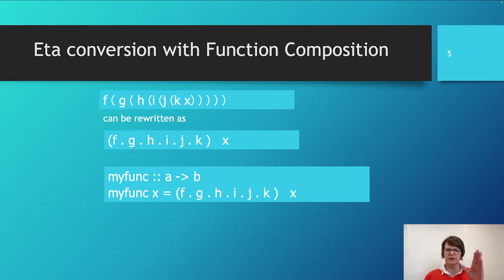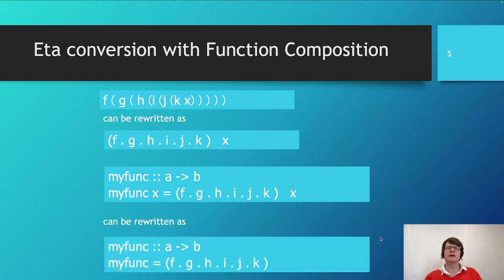So anytime there's, if you like, a straightforward chain of functions like that, you can rename it using function composition. And there's an added one here then. If the x appears here and here, then you can drop both instances of it like that.